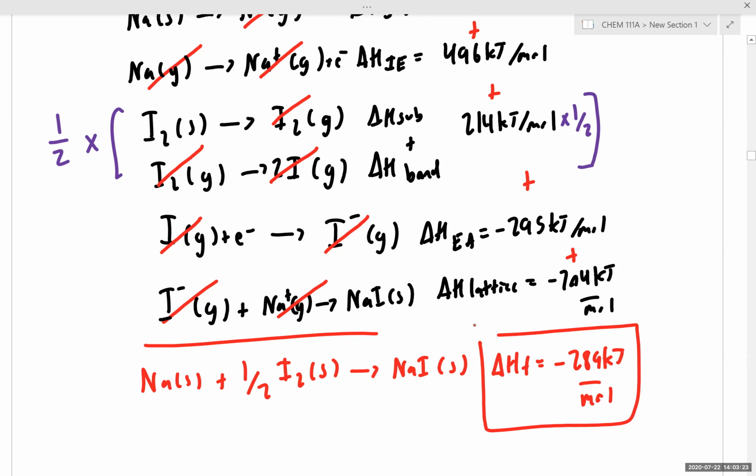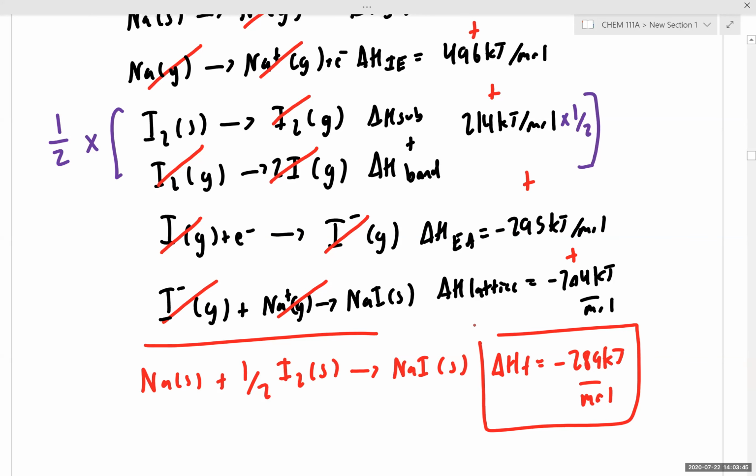The majority of the stable isolable ionic compounds that you will encounter will have a negative enthalpy of formation. A positive enthalpy of formation for an ionic compound highly suggests that that ionic compound is unstable.